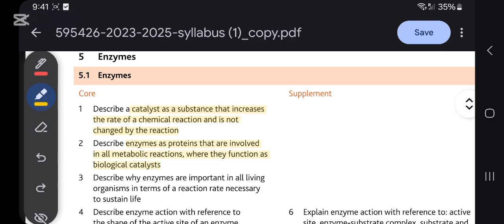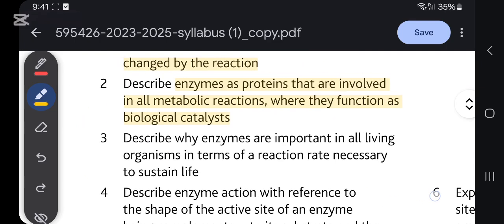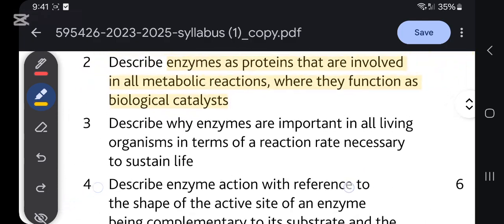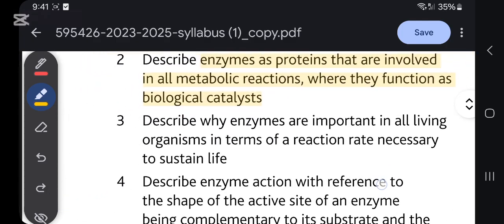As we discussed before, enzymes are made up of protein, involved in metabolic reactions that take place inside the cell, and they function as biological catalysts. Why are enzymes important in all living organisms in terms of reaction rate necessary to sustain life?